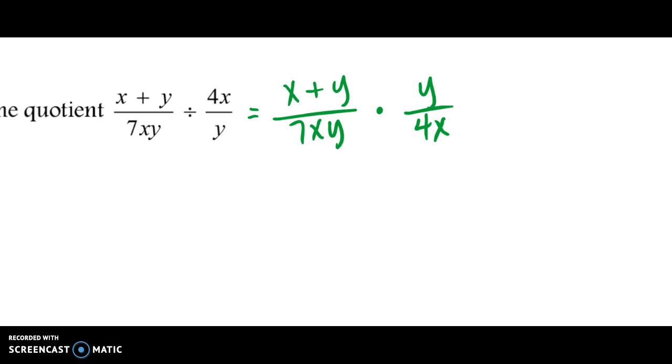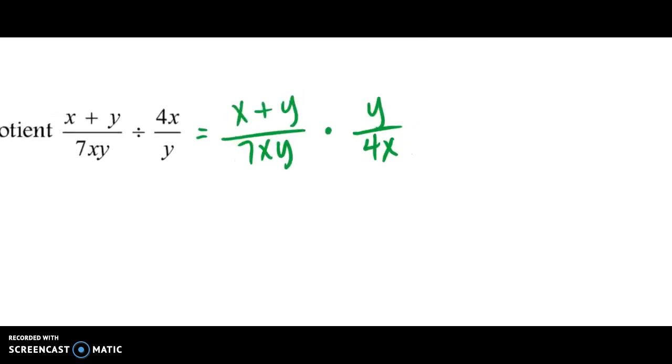Like I said, I rewrote it and I flipped the top and the bottom, so now we're changing the sign to multiplication. And we do what we've been doing, so cancel out anything that you see at the top and the bottom. At the top we have y, bottom we have y, and that looks like that's about all that we can cancel.